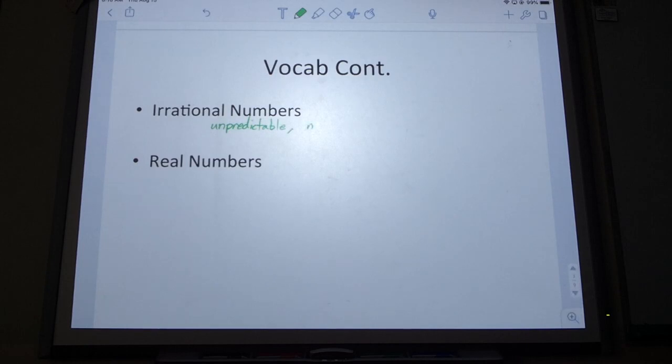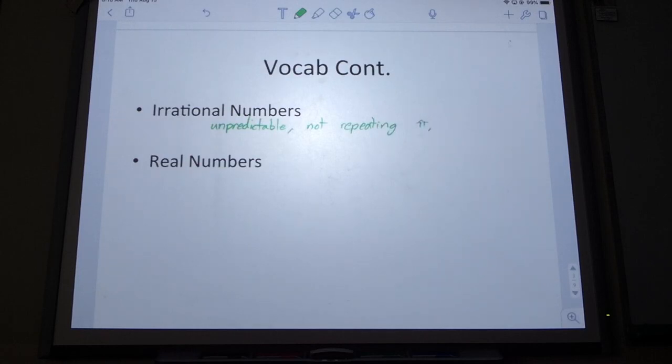Not repeating. Okay, what is the most famous, unpredictable, not repeating, irrational number? Anybody know? Just say it. Yeah, pi. Not repeating. Okay, pi is the most famous, but is not the only one. Okay, so you can write down pi.